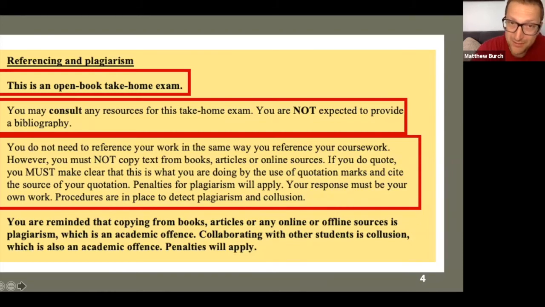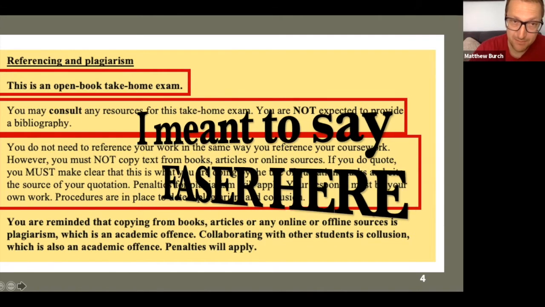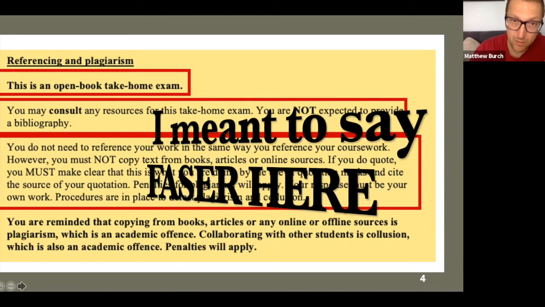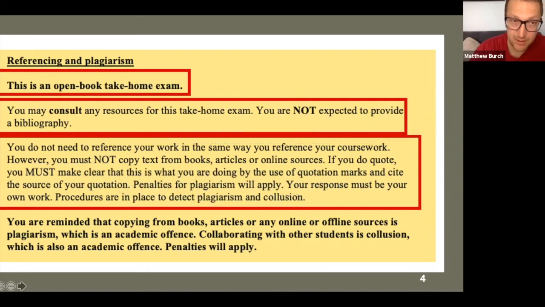However, if you're going to use something that someone else has written, you have to put it in quotes. So if it's something that I have said in a lecture, I'm going to take all the transcripts of my lectures and upload them to Listen Again. So if you just copy word for word something from my lectures, it will show up as plagiarism.